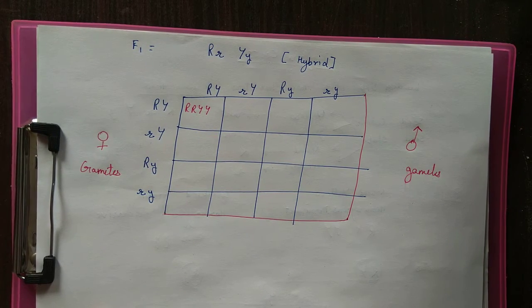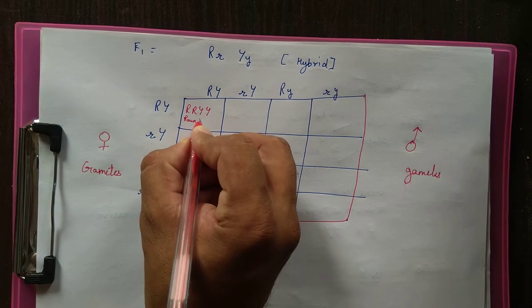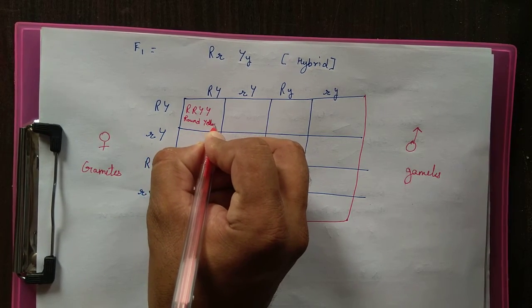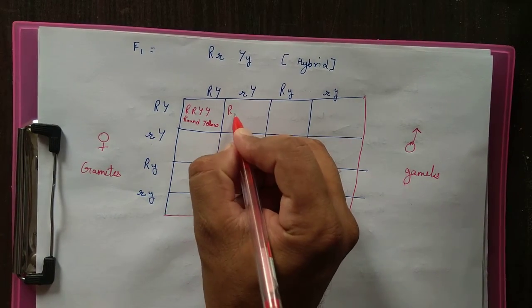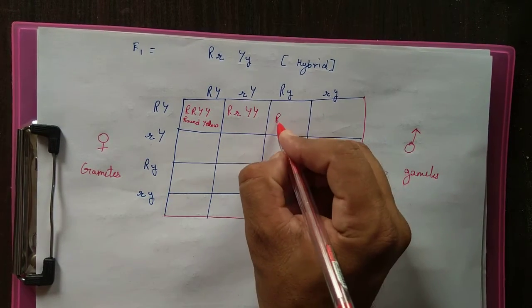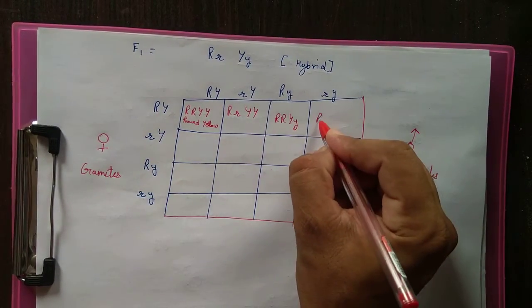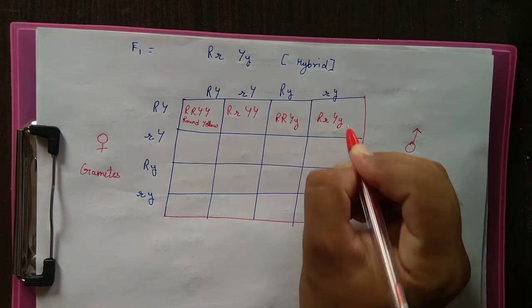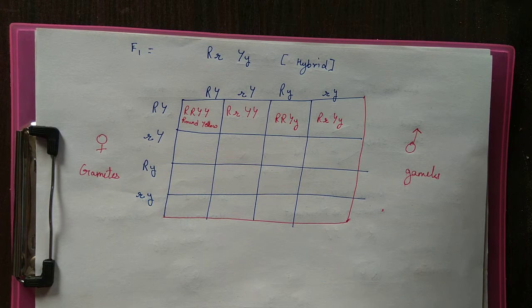It means they are round yellow. Next case, this one and this one is hybrid. So in the first we found that all are dominant.